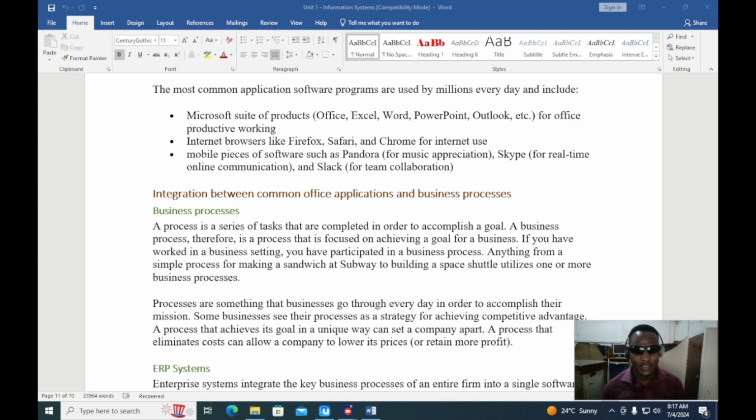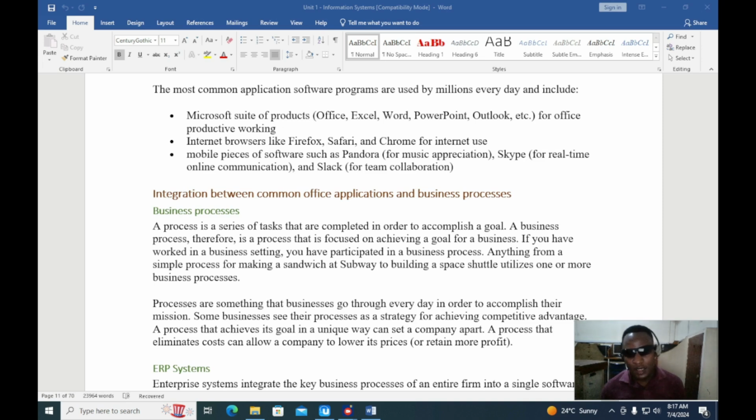For example, a recipe can be a process because you are coming from a starting point, maybe you are boiling milk. Let me just take that simple example.